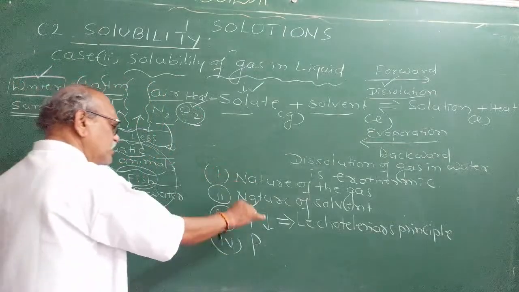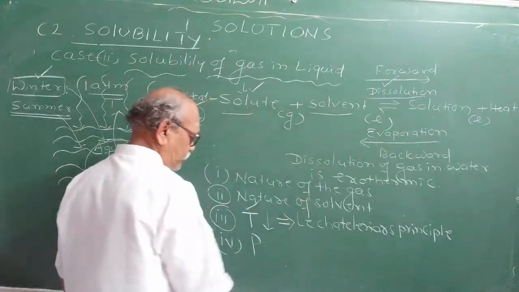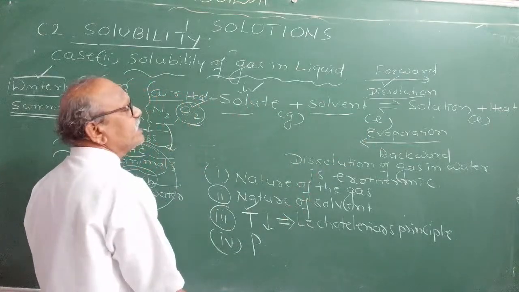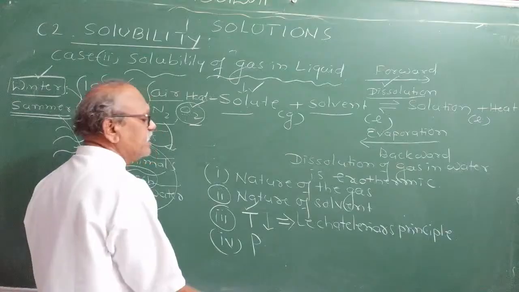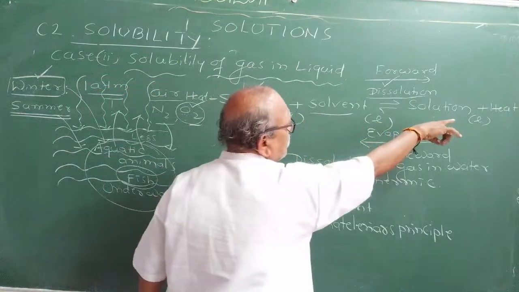When the temperature is decreased, equilibrium will shift in such a direction where the heat energy is increased. Therefore, when the temperature decreases, the forward reaction is exothermic.